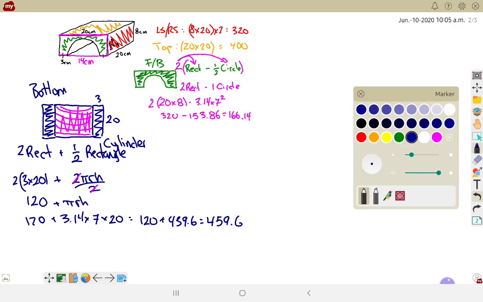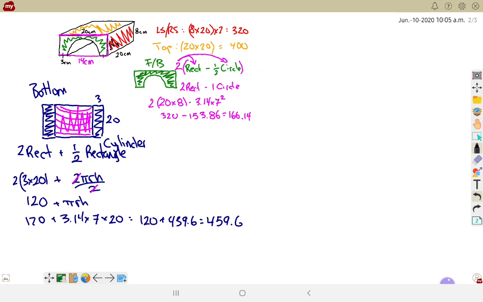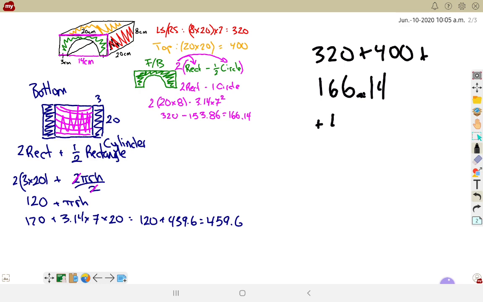So we have 320 plus 400 plus 166.14 plus the 459.6.